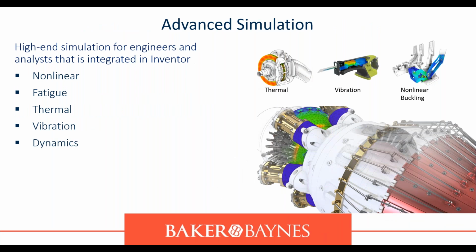Now, with advanced simulation, most 3D CAD software nowadays has some entry-level FEA studies that you can use to solve for stress and deflection. But are you getting all the information you need about your design? Are those results telling the entire story? Autodesk Inventor Nastran offers advanced simulation studies that are set up, solved, and results observed without leaving the familiar Inventor interface.